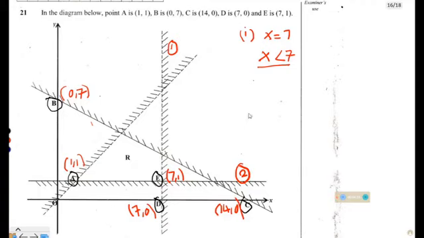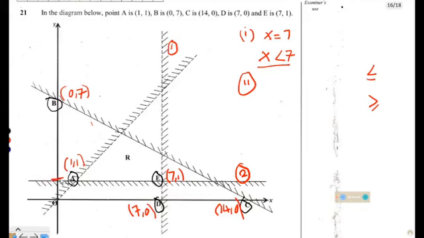So we now come to number 2. This is where the line is, and it is a solid line. If you have a solid line, it simply means that your inequality sign will either be less than or equal to, or greater than or equal to. Now this line 2 is cutting the y-axis at this point.